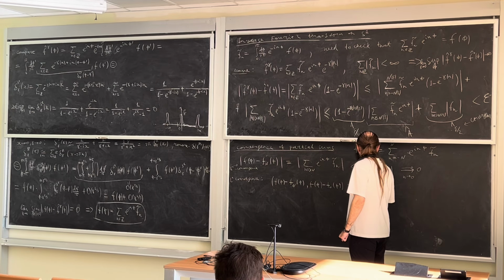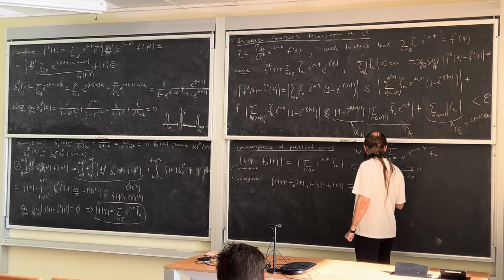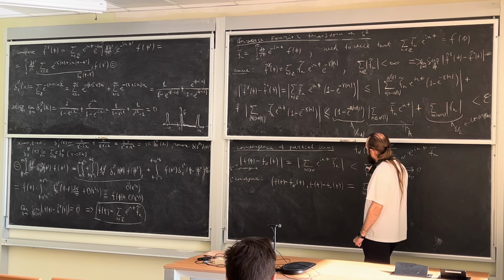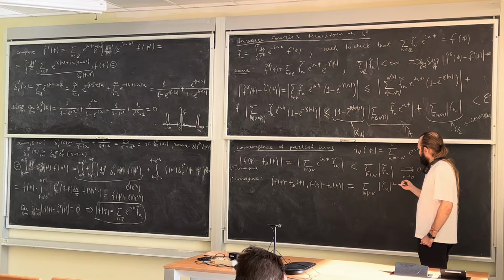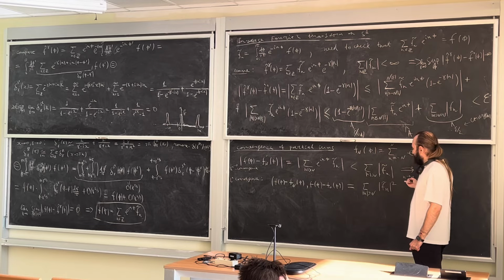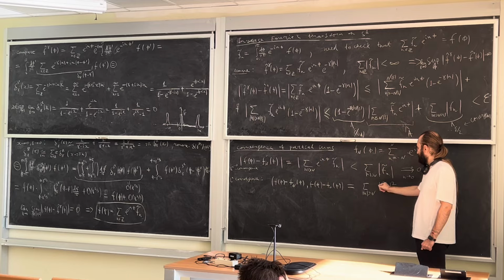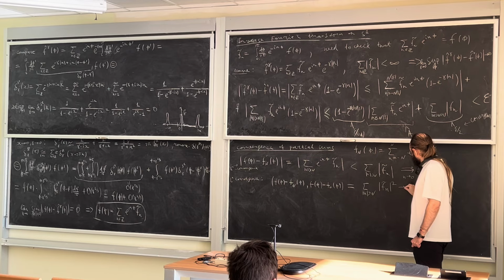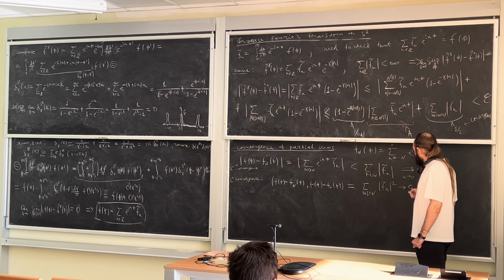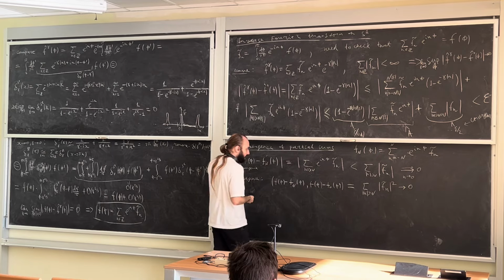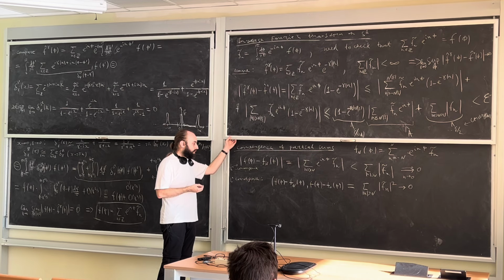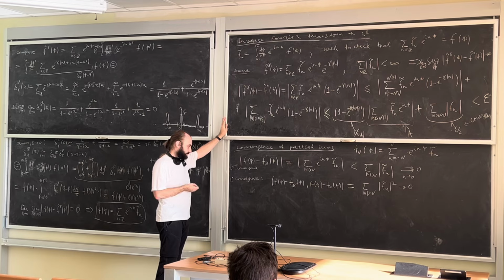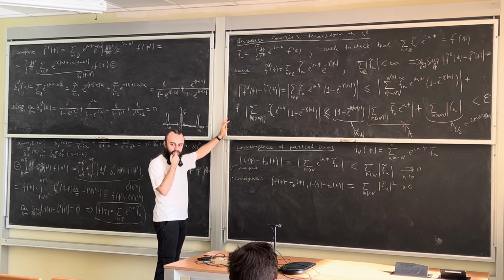So it will be the sum over absolute value of n greater than n of f tilde n squared. We know that this is convergent for a continuous function, so this series goes to zero. Are there any questions about this?